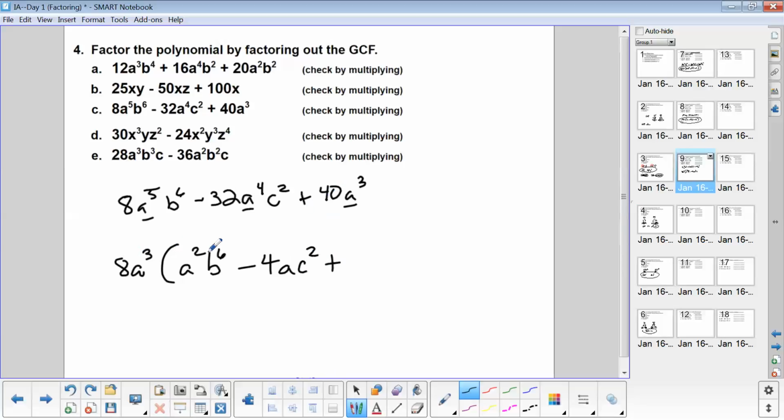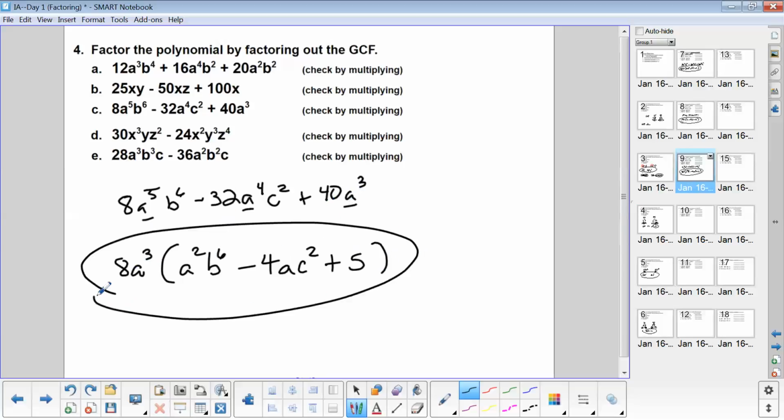And 40 divided by 8 is 5. A to the third divided by a to the third is 1. So we have a greatest common factor of 8a to the third, and then we have a result, our factored form. If we multiplied this term by each of the other terms, we would come back to this original.